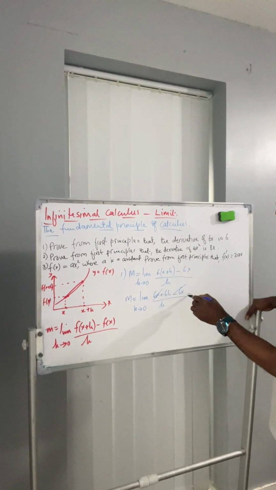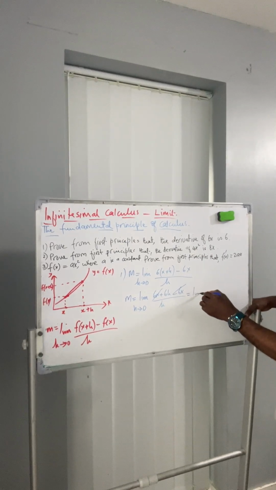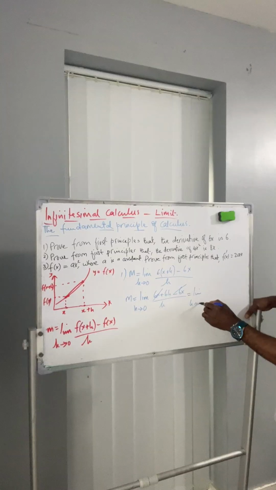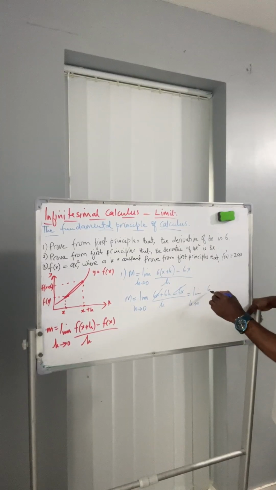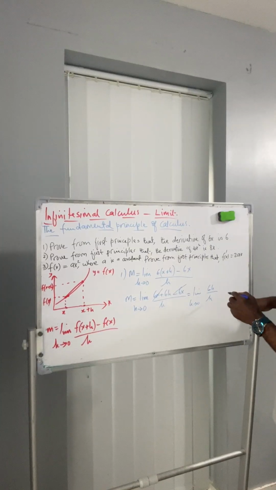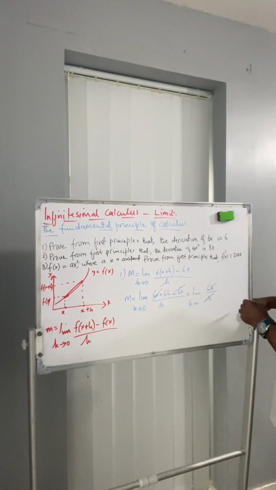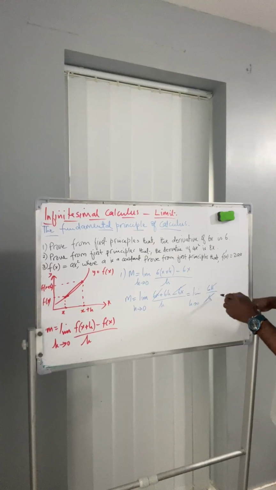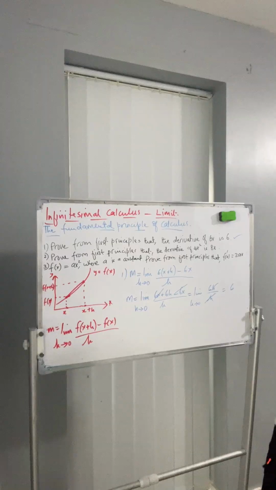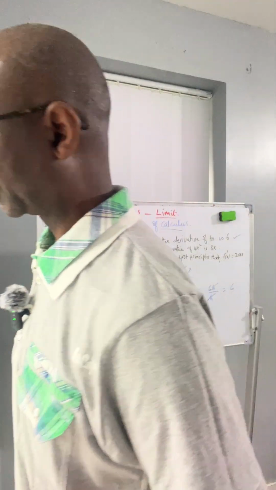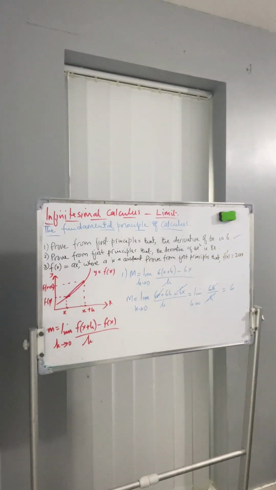So what is left now is the limit as h tends to 0 of 6h all over h. The h again will cancel, so we only have 6. So this one is solved. That's all you need to do when you're asked to prove from first principle. So let's move on to question number 2.